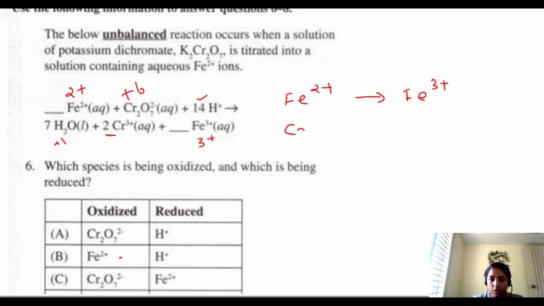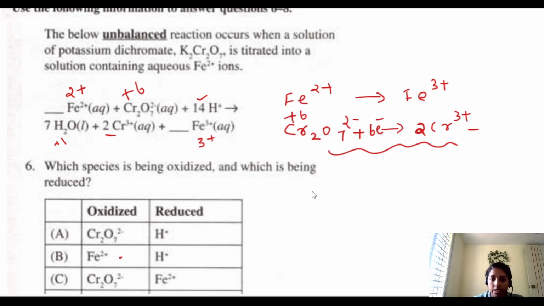So just think about the half reaction: Cr2O7 2- turning to 2Cr3+. See how many electrons of difference there are? +6 is turning to +3, which means a 3 electron difference for one chromium. Here two chromiums are there, so altogether 6 electrons are involved.